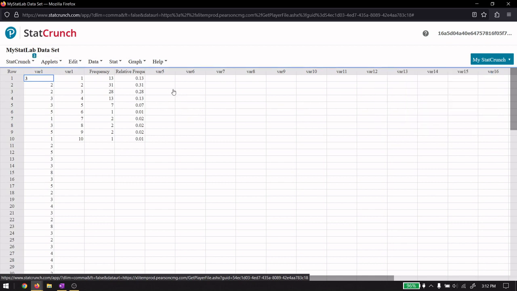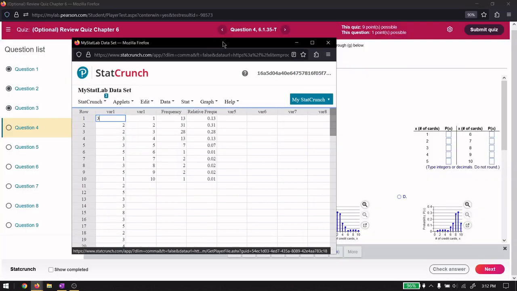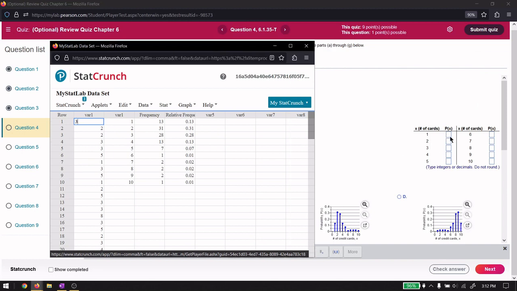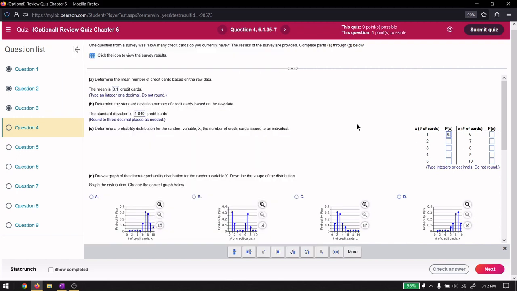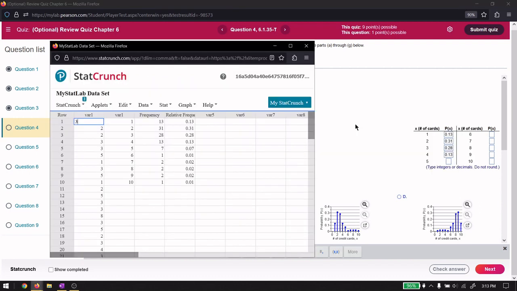Okay, so this is going to be important because it wants this stuff in this table here. It wants the probability. That's the same thing as relative frequency. So we get the values and enter them.